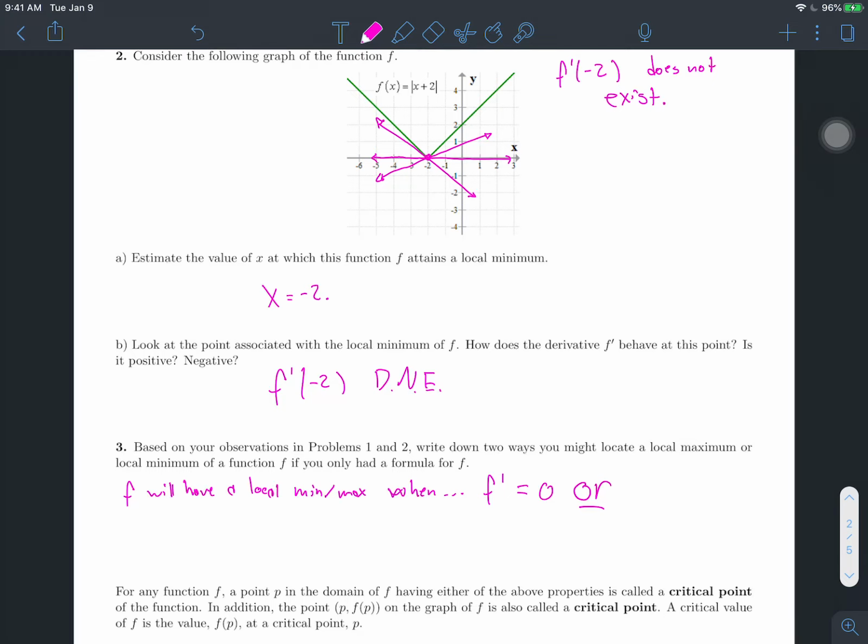Okay. What was different about this case with this absolute value function from the parabola function? What was different between those two things? Kevin? Could you just say, or it doesn't exist? Exactly. F prime equals 0 or F prime does not exist.